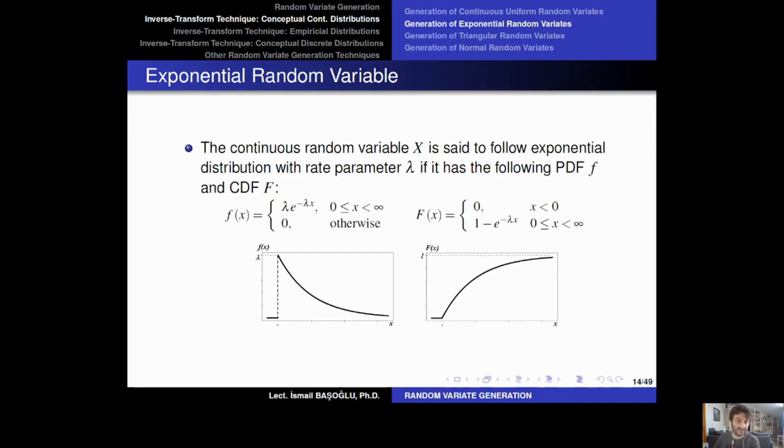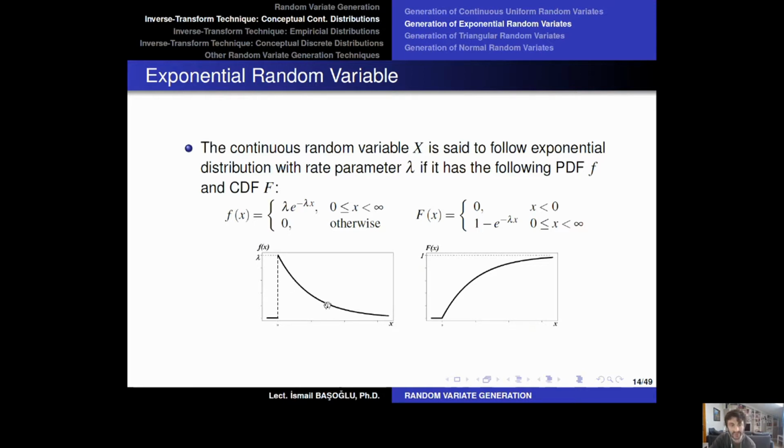It can take positive values, and the relative likeliness of the possible positive values is indicated by this exponentially decaying function, which converges to zero at infinity. The random variable is much more likely to take values closer to zero, and less likely to take values closer to infinity.